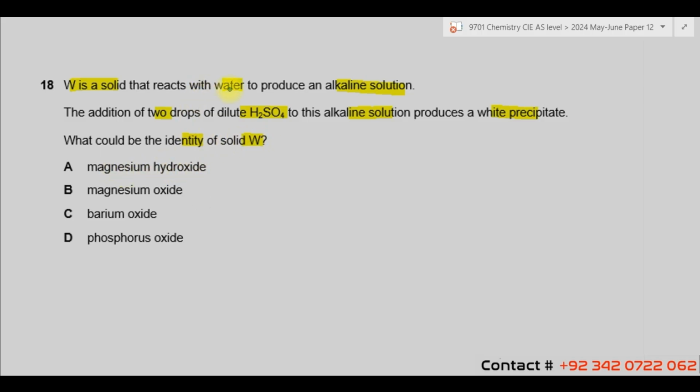Magnesium hydroxide reacts with water to form aqueous magnesium hydroxide, in which we have Mg2+ and OH- ions. Although the solubility is not much, we have a very small amount of these ions. Now when H2SO4 is added, it can react with magnesium to form magnesium sulfate. But magnesium sulfate is also soluble, so there is no precipitate.